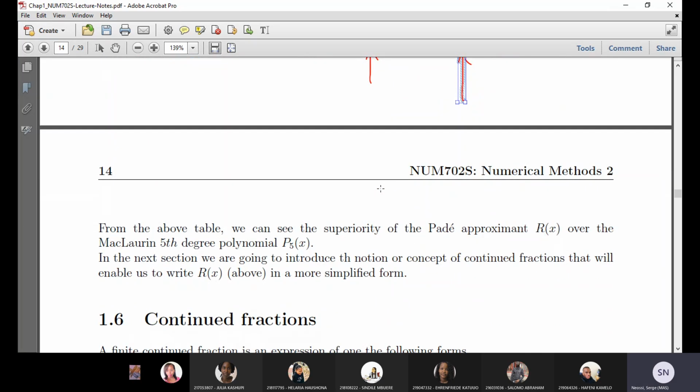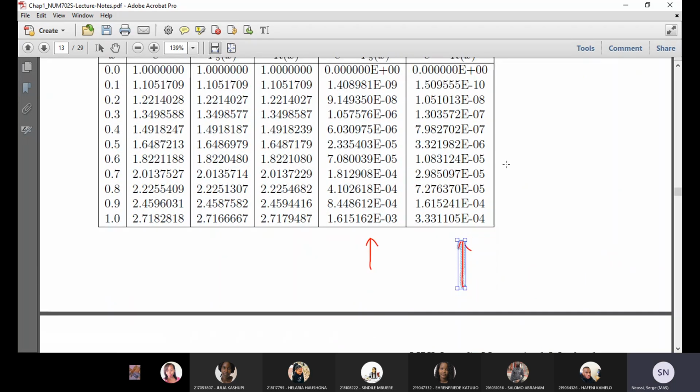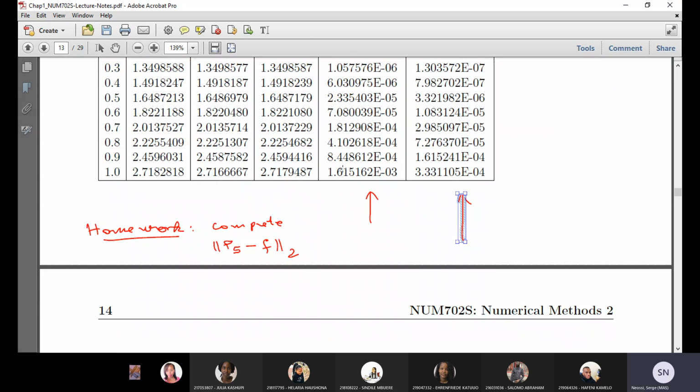Okay, so as a homework, I will ask you to compute these 2 norms. So homework, compute the 2 norm of P5 minus F. When I say F, it is this one, the exponential x, right?